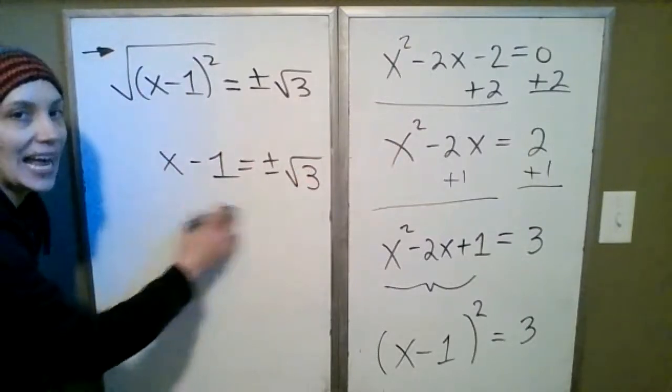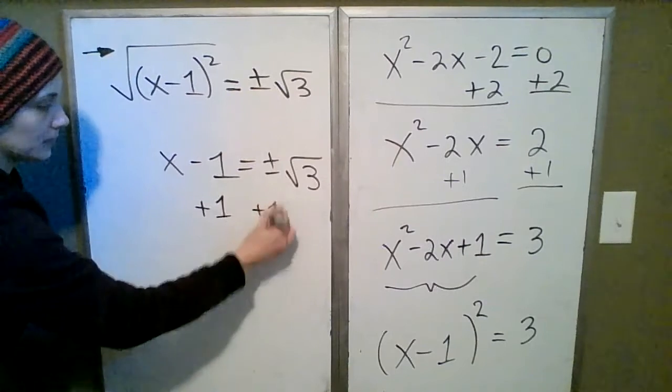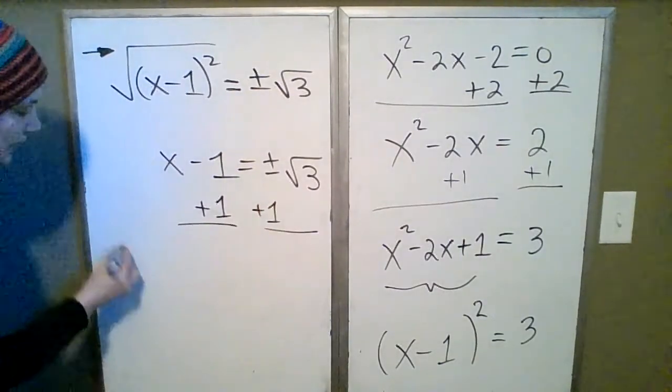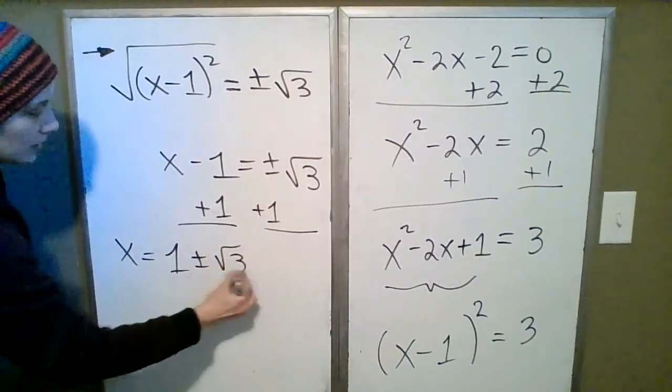Okay, we can add 1 to each side. And get x equal to 1 plus or minus root 3.